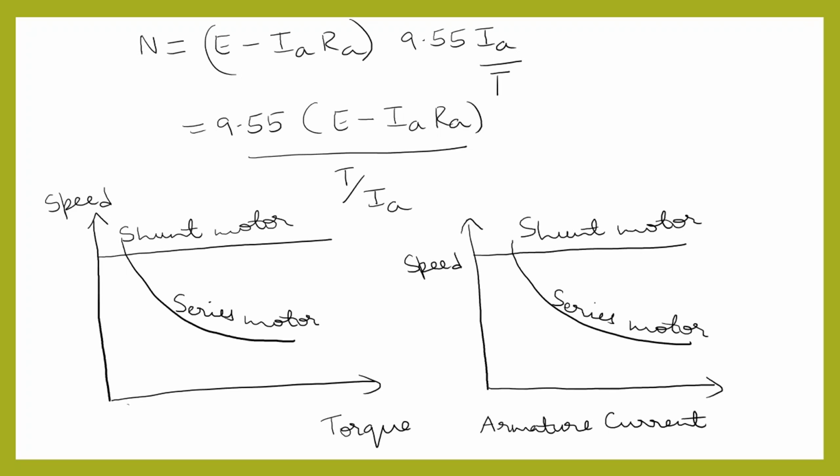The series motor is ideally suited for traction since it is capable of exerting a high starting torque and it possesses high free running speed, and the speed decreases as the torque increases, thereby protecting the motor against overloads.